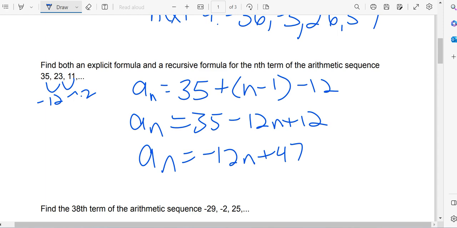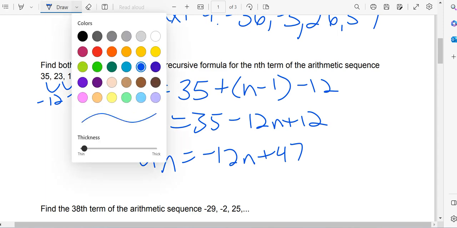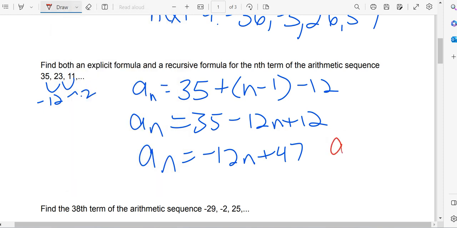Now the recursive, remember how we write it. I'm going to put this in red. We write a sub 1 first. A sub 1 is what? A sub 1 is 35.